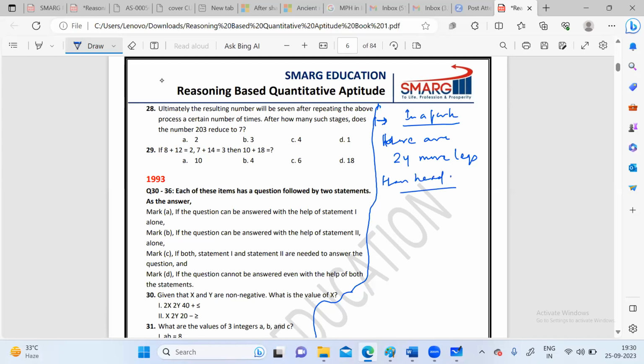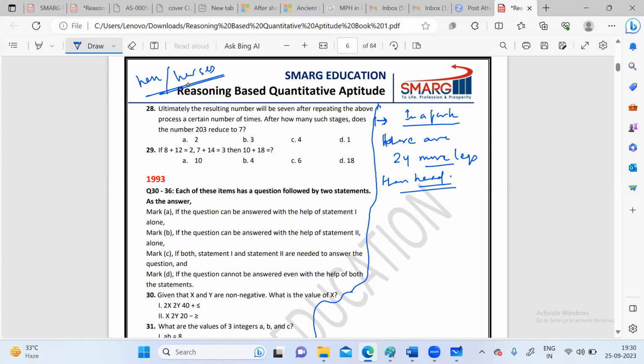Let me complete the question now, because I don't remember the question as it is, but let's say in a park there are some hens and horses. So hens and horses are there, and there are 24 more legs than heads.